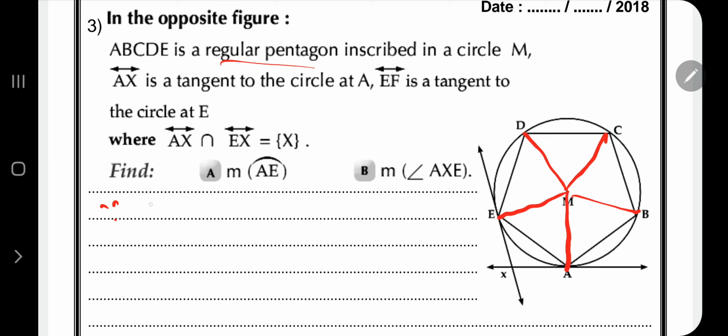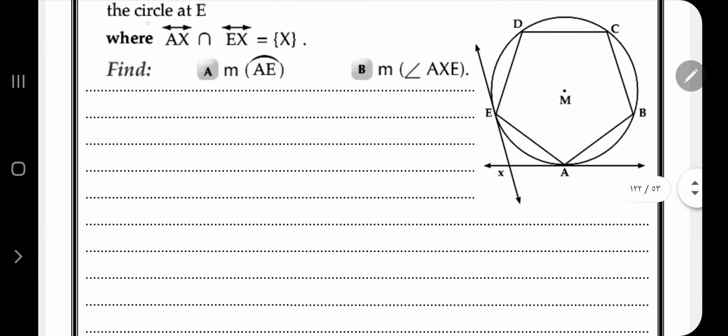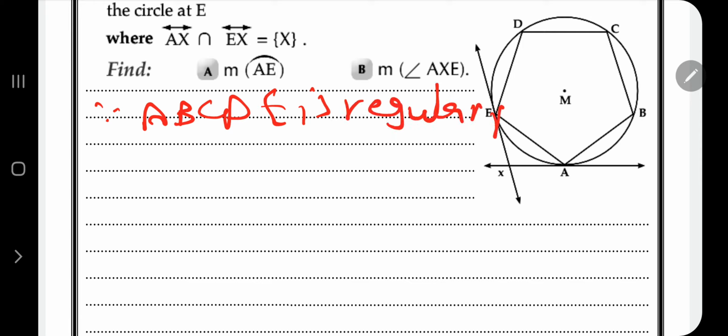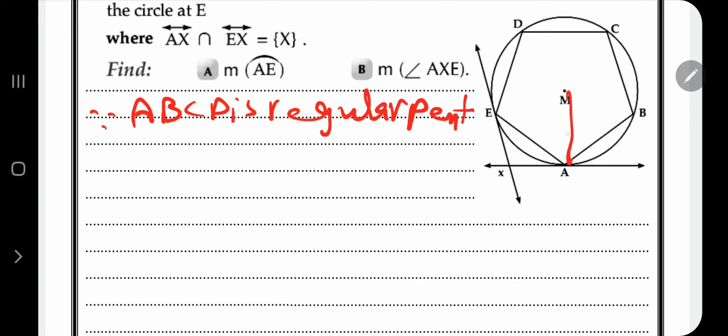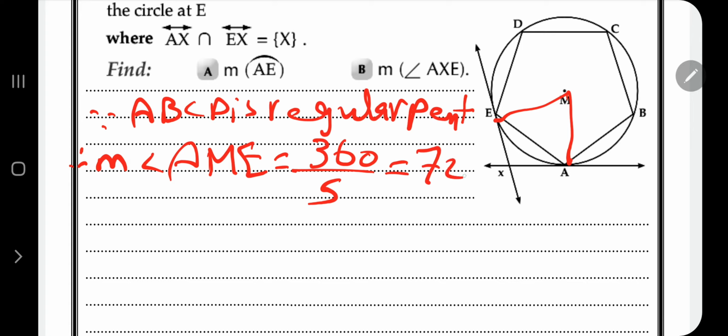So since ABCDE is a regular pentagon, then measure of angle AME equals 360 divided by 5, which is equal to 72 degrees.